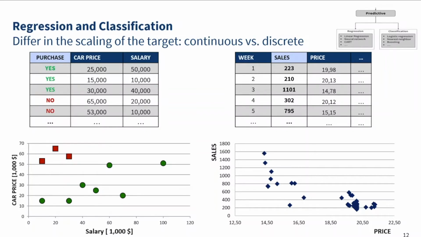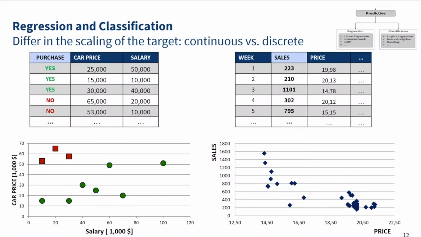And you can grasp that this scaling level of the target variable will impact the optimization of fitting the model to the data. If you have a discrete target, which is yes or no, or multiple states, yes, no, maybe, the way you measure fit will differ from the way you measure fit if you try to predict a number, sales or purchase amount, where you could use something like least squares.